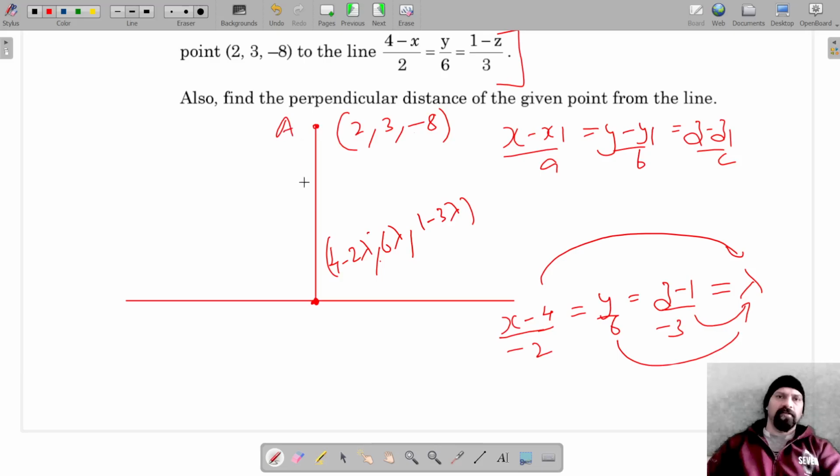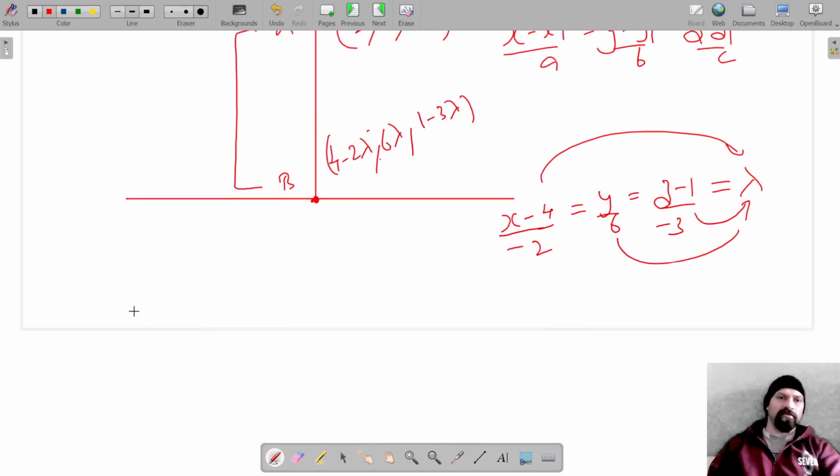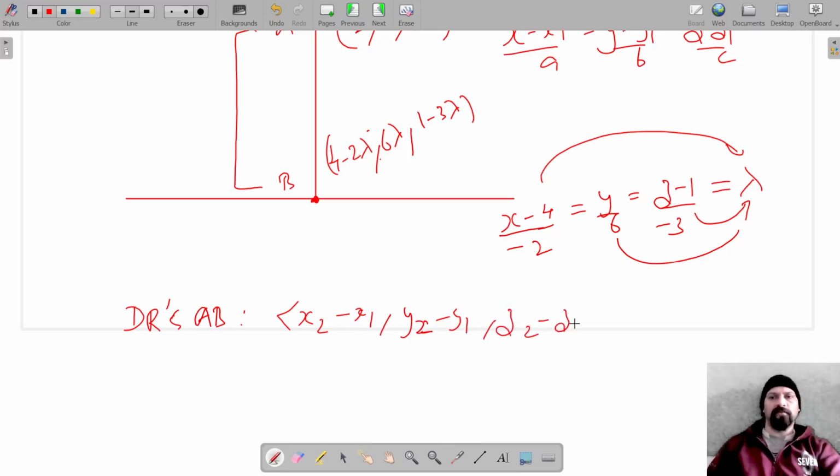Now let's say this is line AB. So what would be the direction ratios of line AB? The direction ratios of line AB are given by x2 minus x1, y2 minus y1, and z2 minus z1, if we know the coordinates.